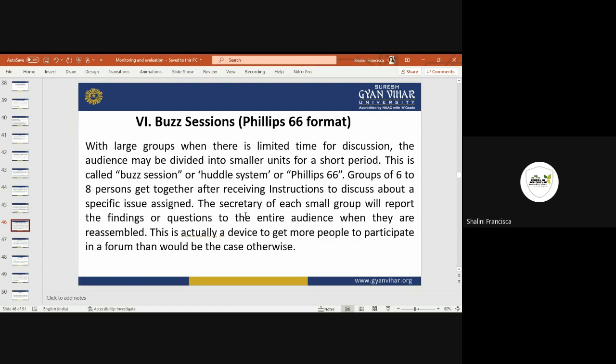This is called a buzz session. Groups of 6 to 8 people get together after receiving instruction to discuss a specific issue assigned. The secretary of each group will report the findings or the questions to the entire audience when they are reassembled. This is actually a device to get more people to participate in a forum than would be the case otherwise.